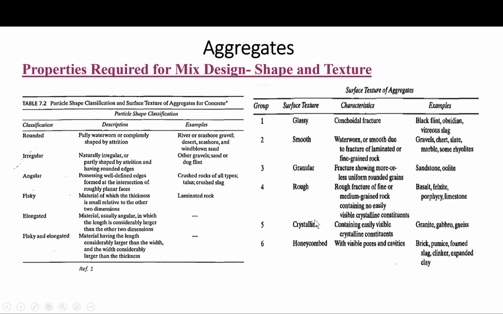And these are the surface textures, characteristics of each texture and examples of the rocks. Okay, so with the preceding discussion, you could have an idea about rock texture and shape and how that will impact your concrete mix.